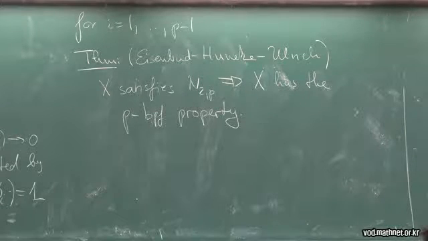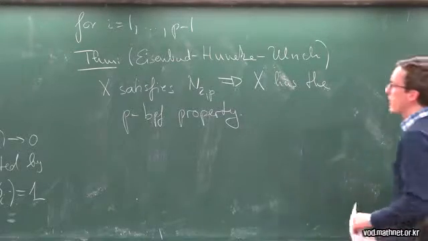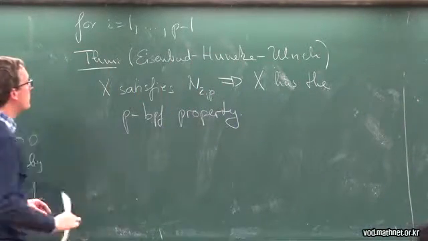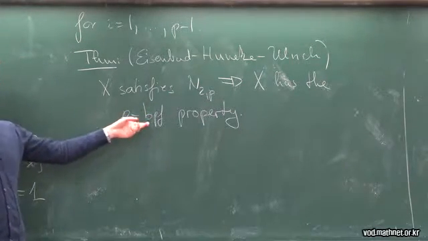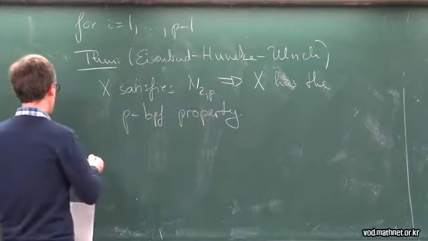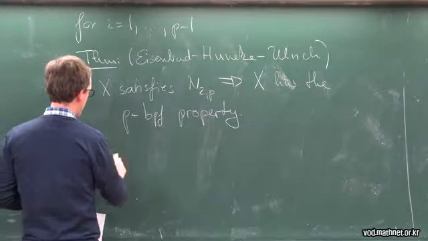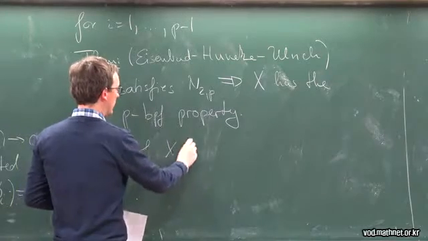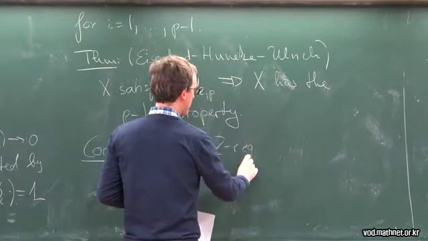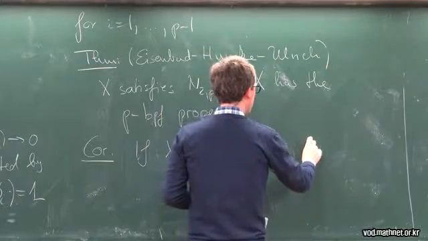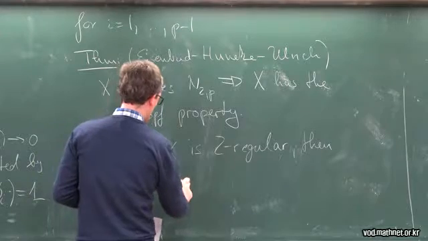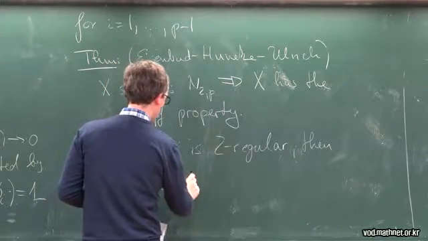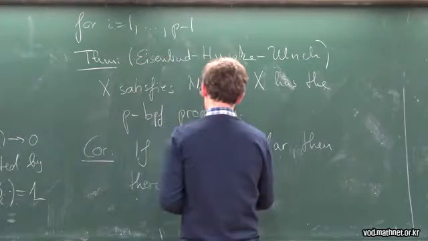So, but then, what does that mean? One implication of this, for example, if x is 2-regular, then you have the p base point free property for every p. So corollary: if x is 2-regular, then there are no possible ranks for extreme rays that are not point evaluations.